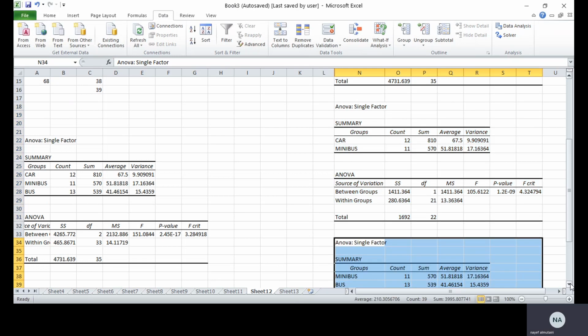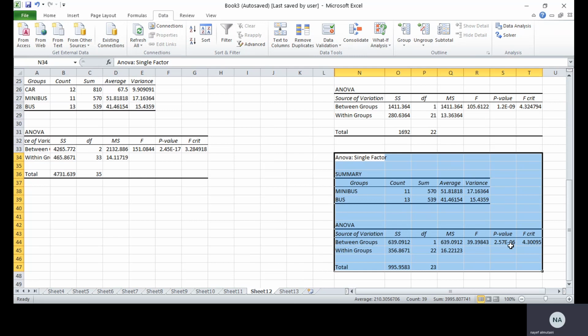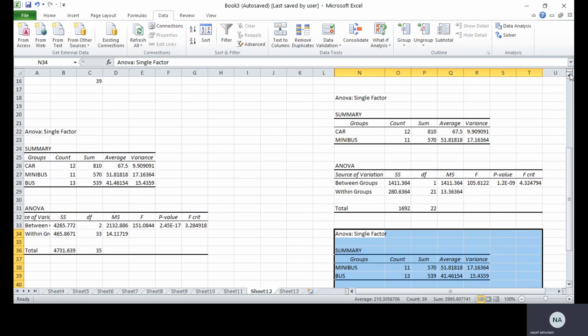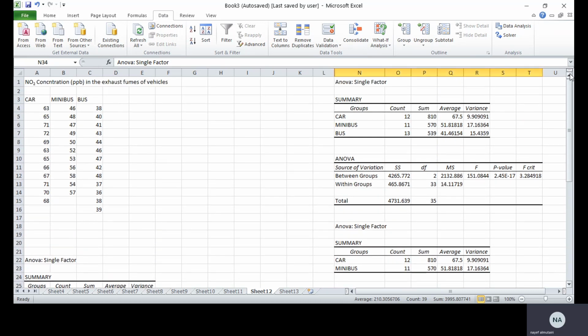Okay, so now we have minibus and bus, and you can see they are also statistically significant at the 95% confidence level. So now let's check between car and bus. You will have the same thing. I checked this before, and you could apply the same method and you'll find that there is also a statistical significance between car NO2 concentration in parts per billion versus bus NO2 in parts per billion.